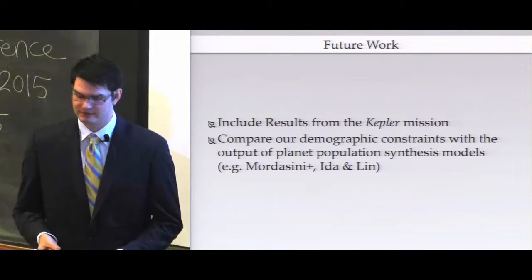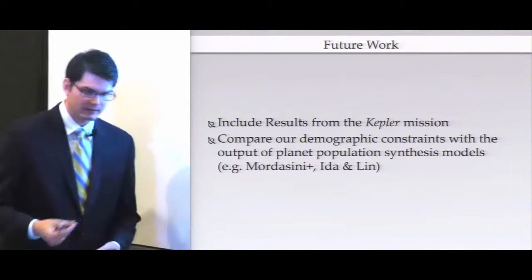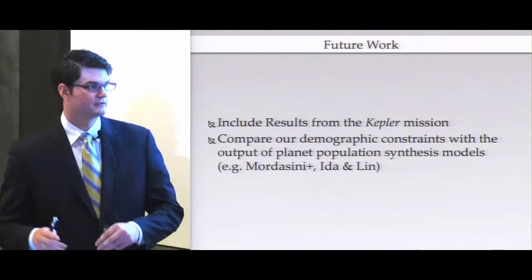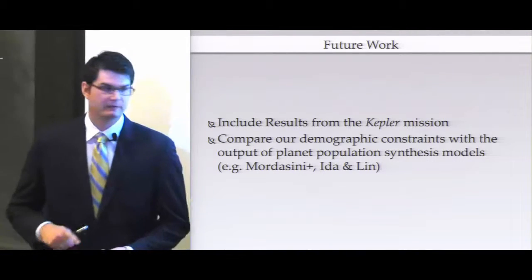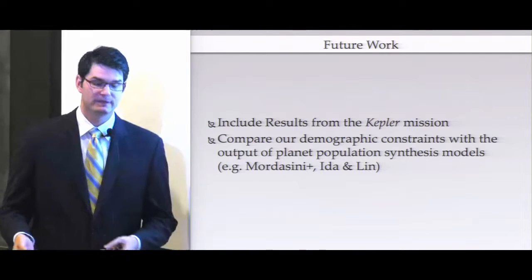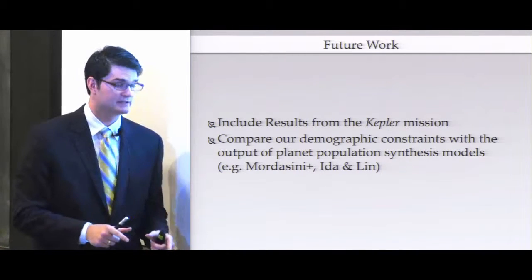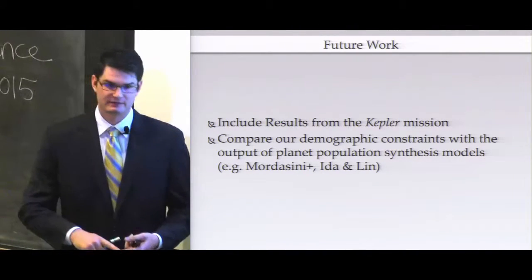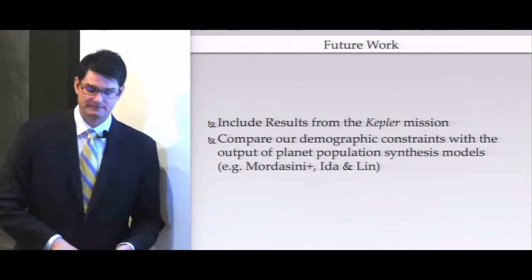Now, before I conclude, I just want to take a moment to emphasize the importance of synthesizing results from multiple detection methods. Comparing the output of planet population synthesis models to the results of a single survey or mission or technique can provide clues to how planet formation works in these specific regions of parameter space that are covered by that survey or technique or mission.